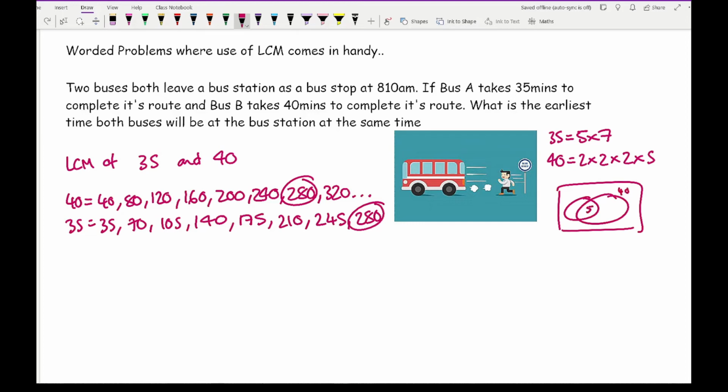This is 40, this is 35. I've got 7 and I've got 2, 2, 2 there. So my LCM is going to be 7 times 5 times 2 times 2 times 2, which again gives me 280. So that means the buses will meet again after 280 minutes.